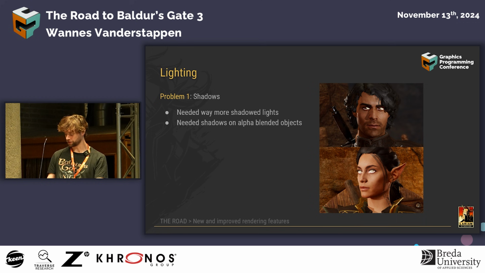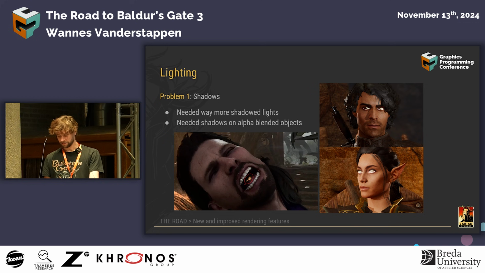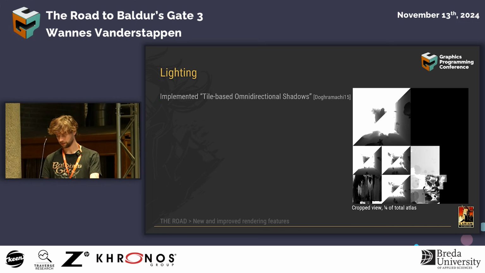There are transparent parts around the eyes, and they're standing in a cave. The sun is at very high intensity, and without shadows, they look a bit like zombies. This followed us towards the end of development, the fact that lights need shadows. As you can see here, there's highlights inside the mouth, which can be quite distracting as well. So we always needed to make sure that all the lights on the characters had shadows enabled.